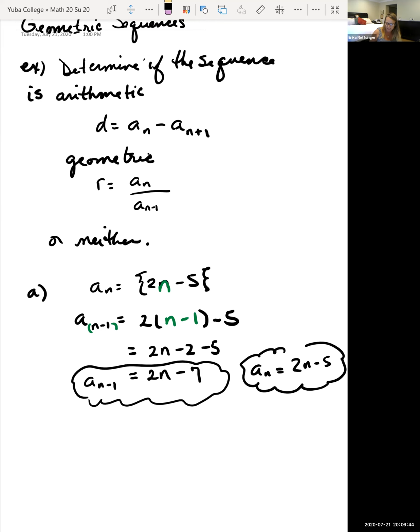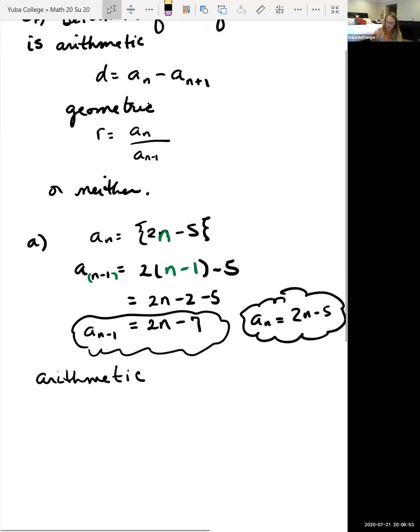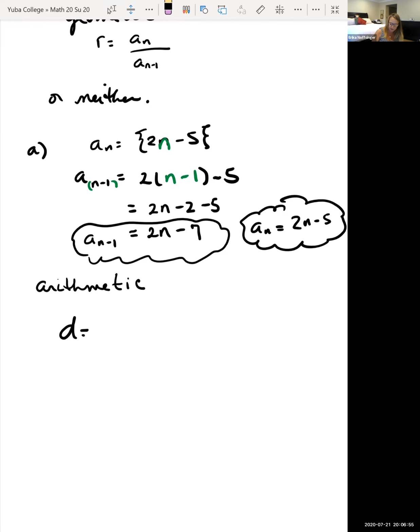So we're going to test to see if it's arithmetic. We want to first look at D equals the term minus the term right before it. D is equal to the a sub n term, 2n minus 5, minus the term right before it, 2n minus 7.